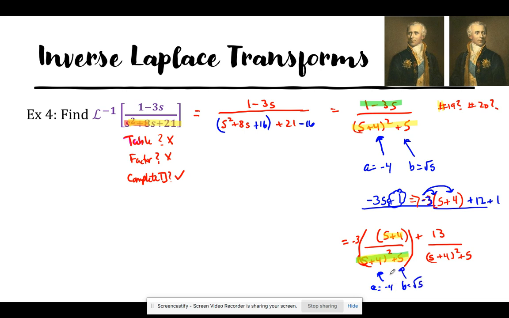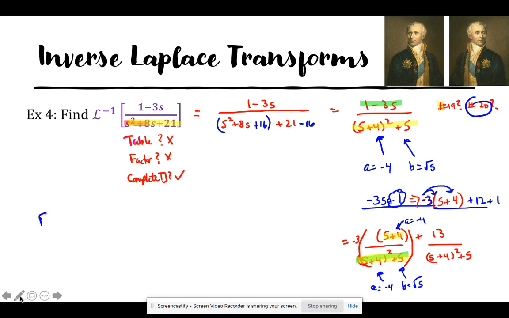And for number what? Not 19, but number 20. Number 20, what does the numerator have to be? S minus A. I did it. I did it for half of the problem.